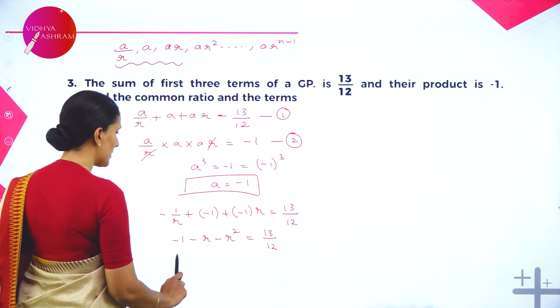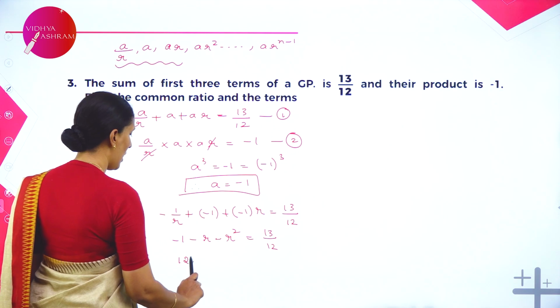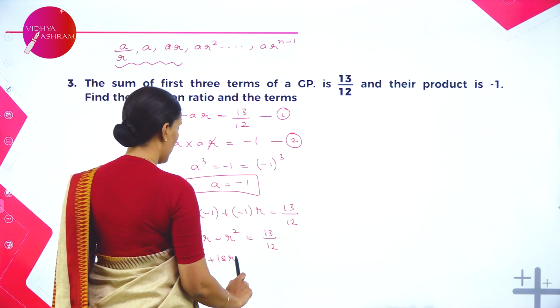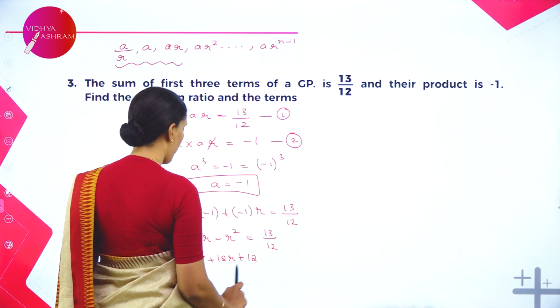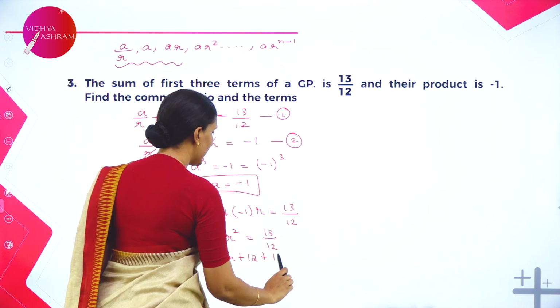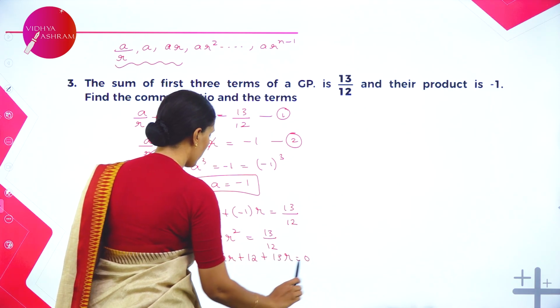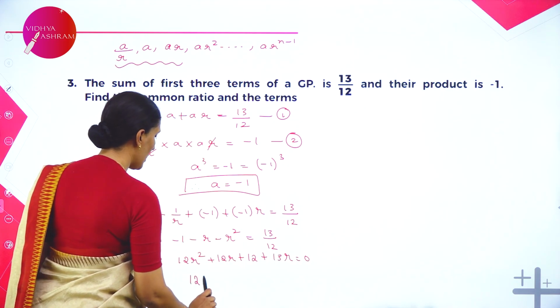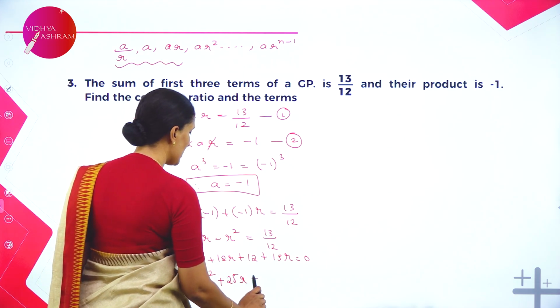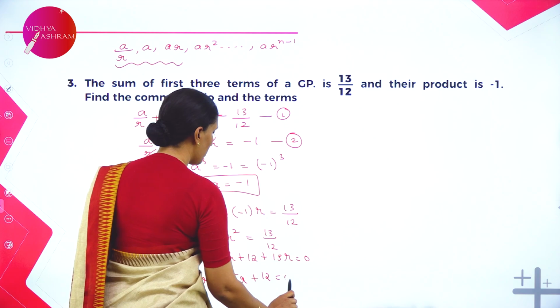Or I can write this as 12R square plus 12 plus 12R plus 13R is equal to 0. I can write this as 12R square plus 25R plus 12 is equal to 0.